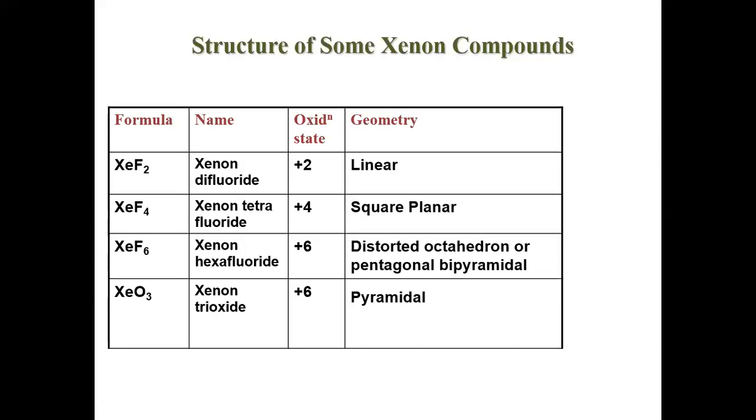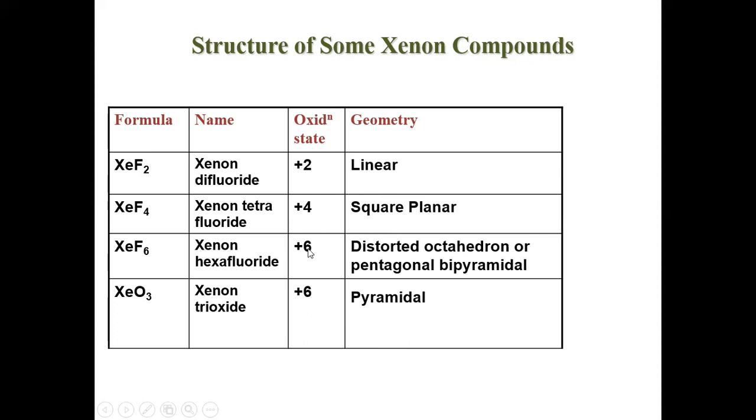Now let us have a look at the structure of the xenon compounds. Xenon difluoride, XeF2, is +2 and linear shape. Tetrafluoride, XeF4, is +4 oxidation state and square planar.